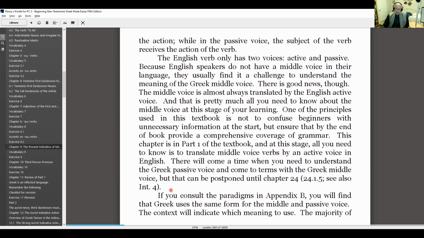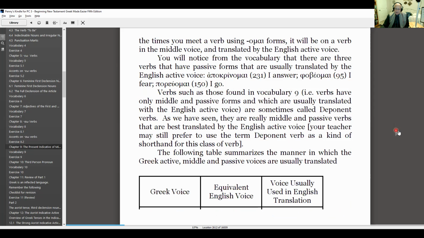We will also call this middle voice deponent, middle or passive, for reasons we'll see in just a moment. The verbs that we're going to learn in the vocabulary, there are three kinds of verbs. We have already had the first kind.